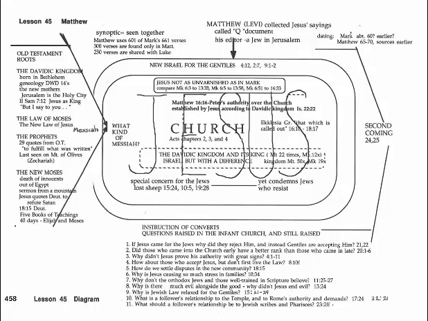And now some time has gone by. We're dating this, I think, before 70 at the fall of the temple, because it would seem that the death of Peter and the death of Paul in 65 would somehow have been noted if this had been written after that. It seems like it must have been written before.